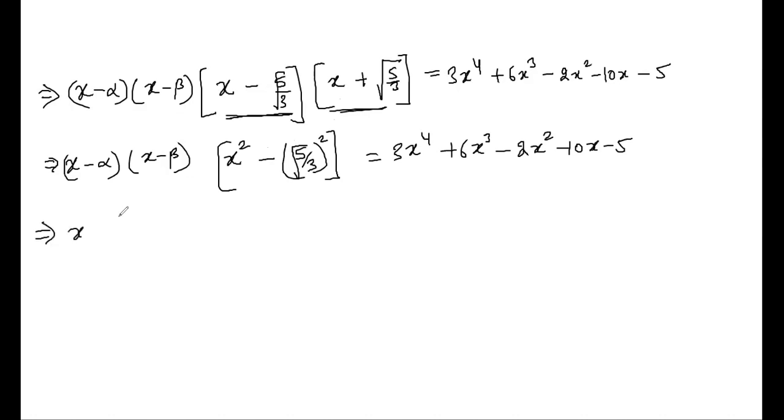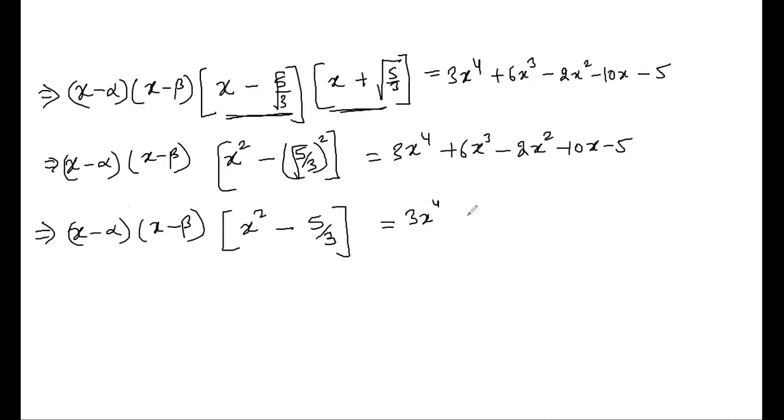So you can see it's going to be x minus alpha, x minus beta, and this becomes here x square minus 5 by 3, right? Yes, sir. So it becomes here 3x power 4 plus 6x cube minus 2x square minus 10x minus 5. Any problem? No, sir.